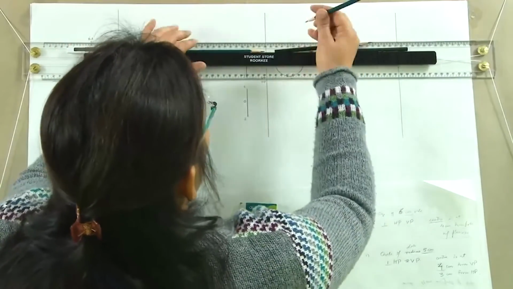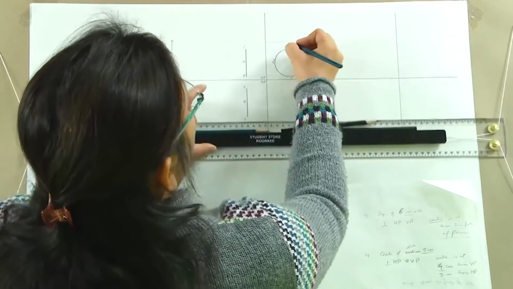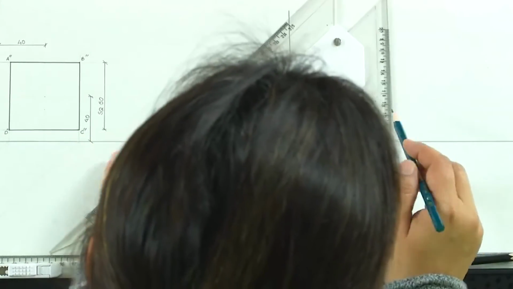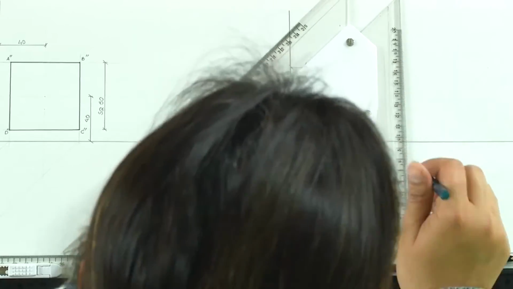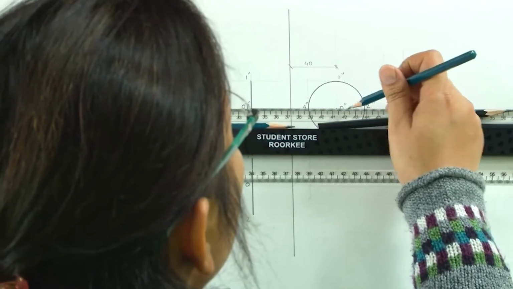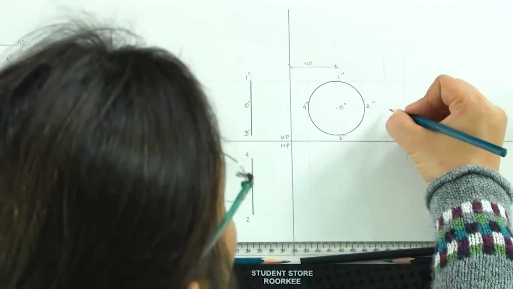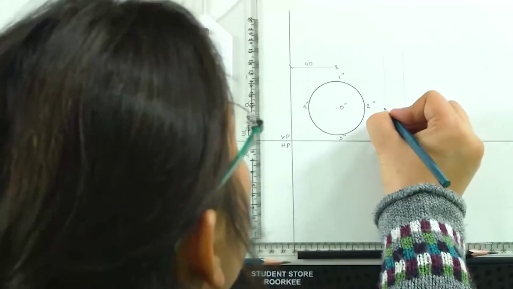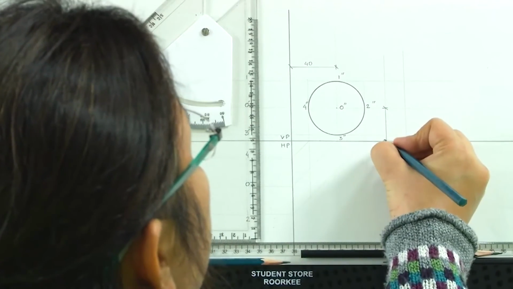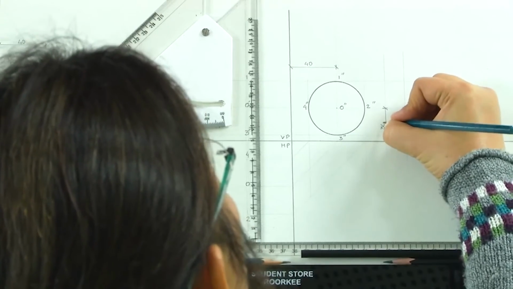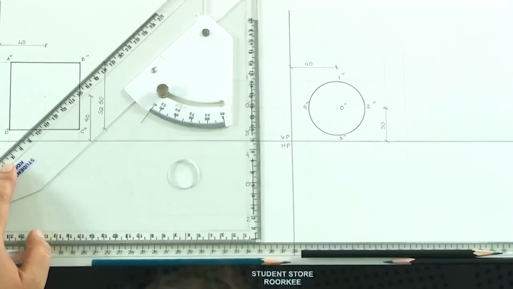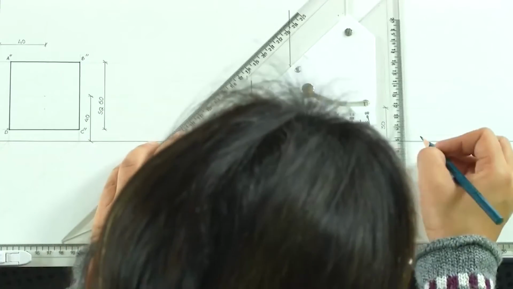So, we have it here, which is say 4 centimeters from VP, 3 centimeter from HP, so this is 3 centimeter from HP, and the diameter of the circle is 5 centimeters.